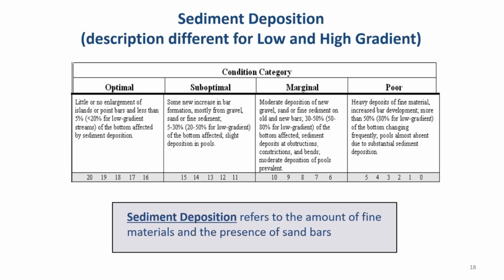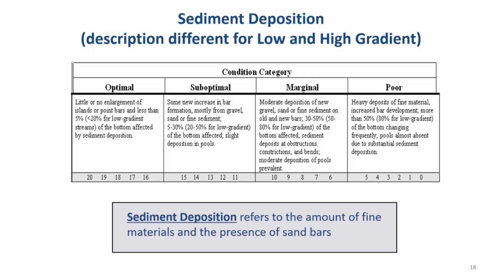So this is always a little awkward to answer, because you're like, well, I've never been here before. I don't know if this is a new sandbar. I don't know if there's more gravel deposited here than there was before. But basically, you will be able to tell if there is a sandbar and if there's gravel deposition.